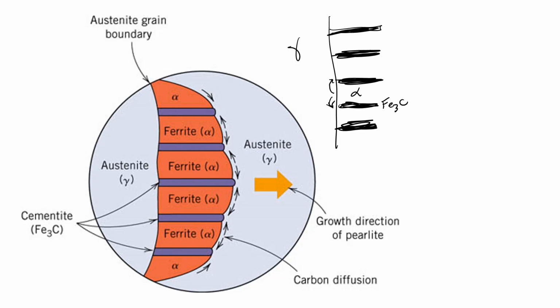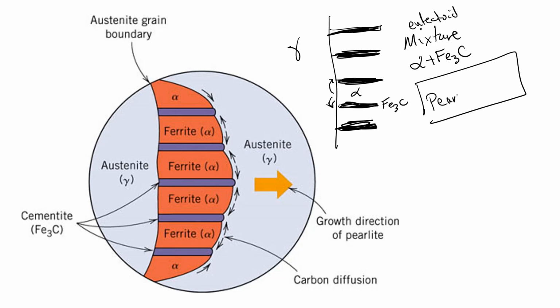Kind of like what we saw before with a eutectic mixture, except this is a eutectoid mixture, and this microstructure in steel, this mixture has a special name for steel. So a eutectoid mixture of alpha plus Fe3C is called pearlite. That's just a name given to that microconstituent that's a mixture of alpha and Fe3C.